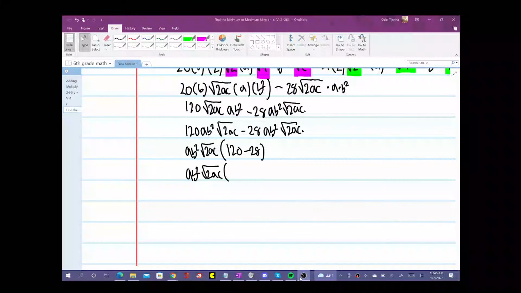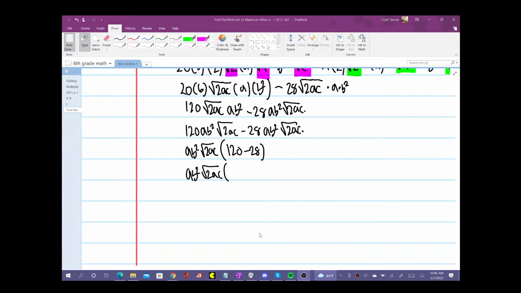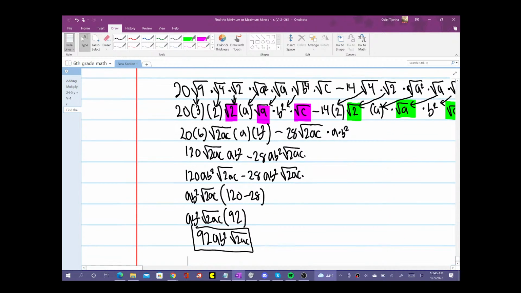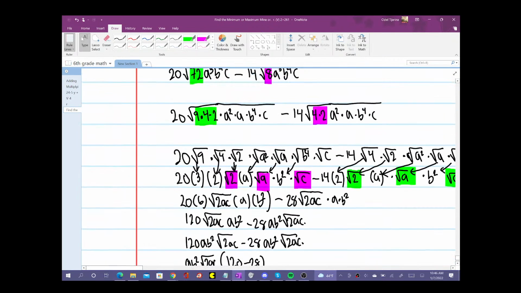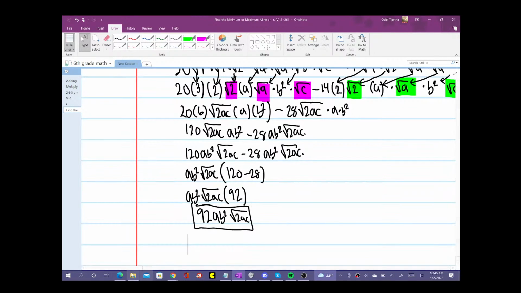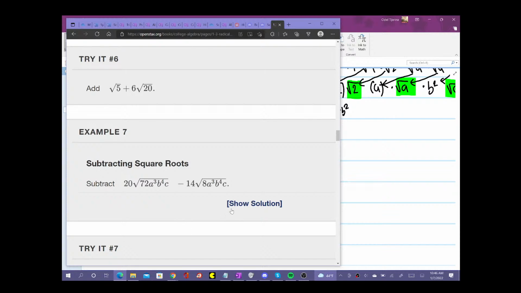So this becomes times 92. So this becomes 92 ab squared square root of 2ac. This one is very, very lengthy, okay, guys? So do not feel discouraged if you found this one very hard.